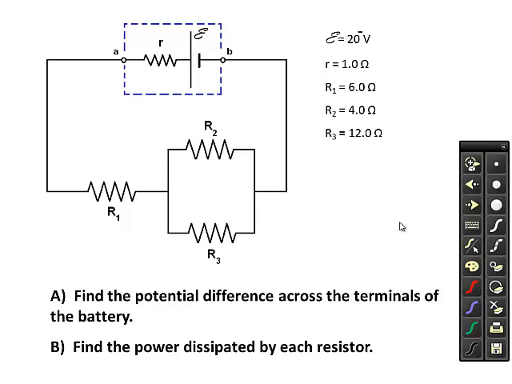All right, so this example, we've got a battery with an EMF of 20 volts, an internal resistance of 1 ohm, and then we've got a network of resistors, kind of a series parallel combination going on here. And it says, find the potential difference across the terminals of the battery.